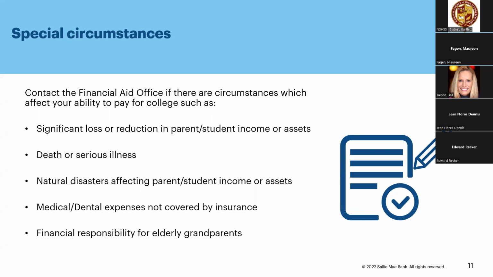It's something that the financial aid offices are well aware of, especially with COVID, that happened a lot. So it's something that might be eligible for you if your situation has changed. Great, thank you.